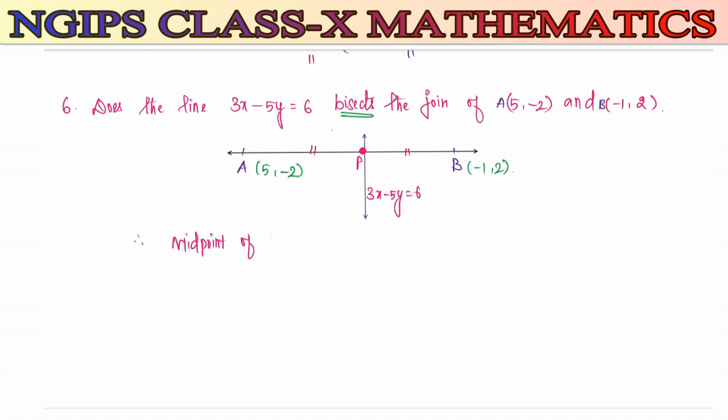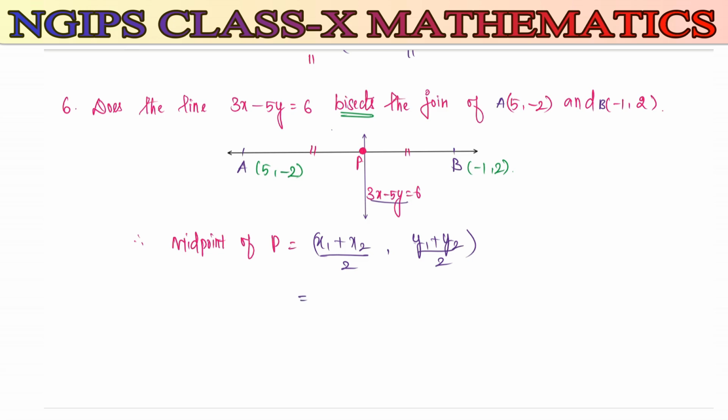The midpoint of P is equal to, we know very well the formula, (x1 plus x2)/2 comma (y1 plus y2)/2. If you find this particular point and substitute in the given expression, and the LHS part is equal to the RHS part, then we can say this line bisects the line joining AB.